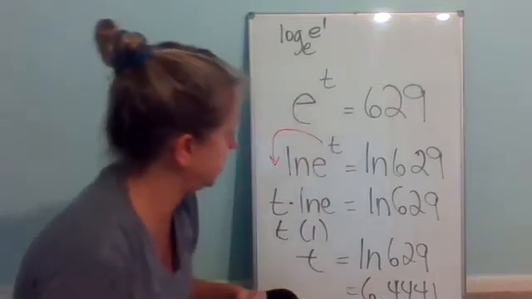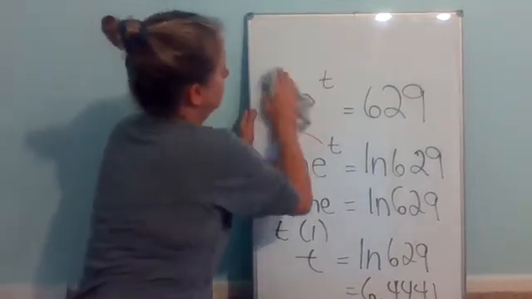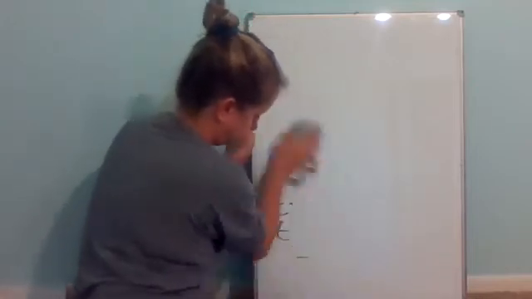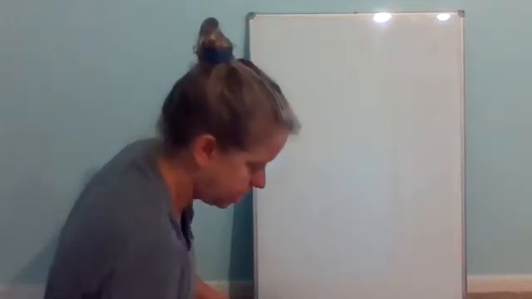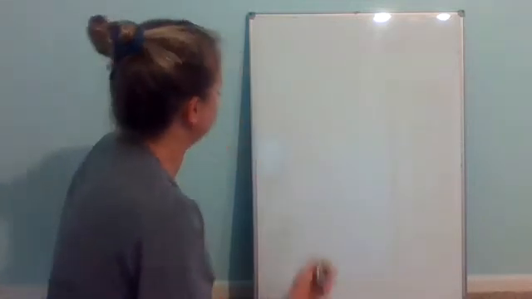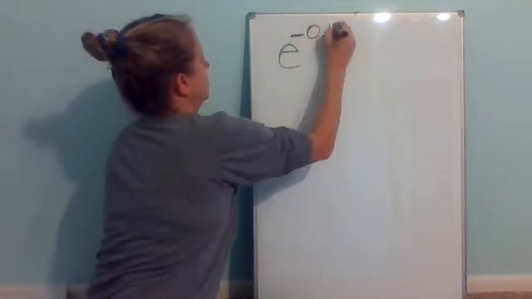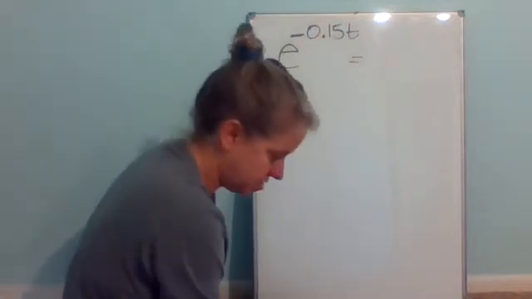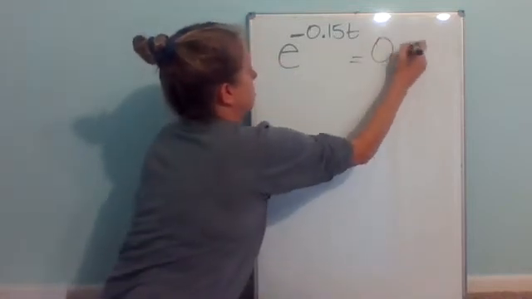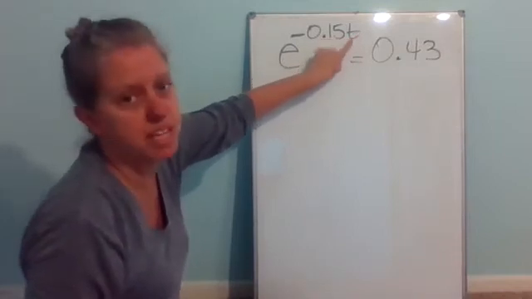Okay, let's look at number 8. e to the negative 0.15t equals 0.43. So again, I'm solving for this t that's up in the exponent.